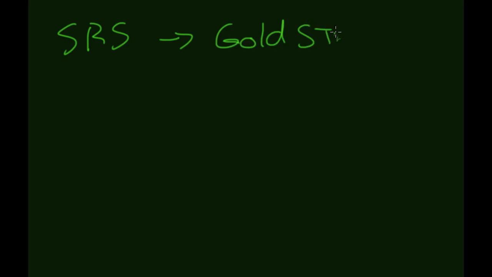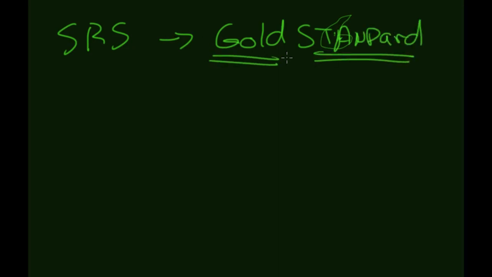Now, why do we go after this with a simple random sample? Because a simple random sample, quite frankly, is the gold standard. It is the best possible way to achieve a non-biased sample of the population.